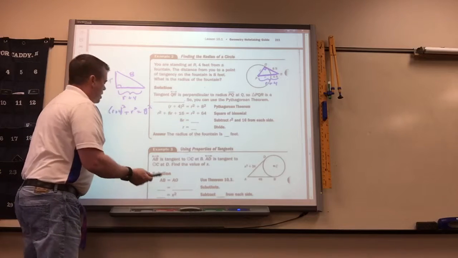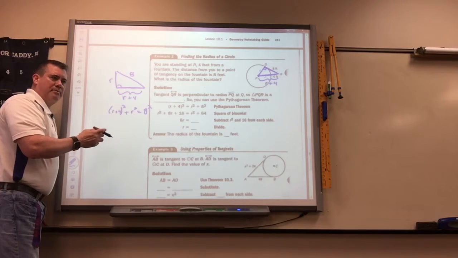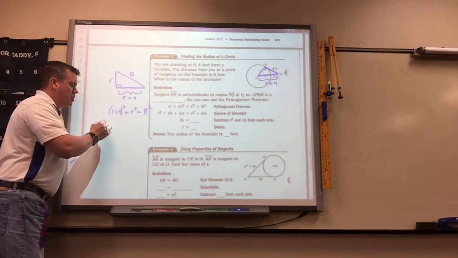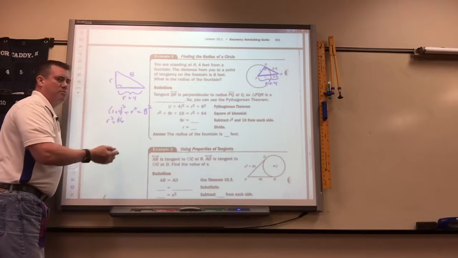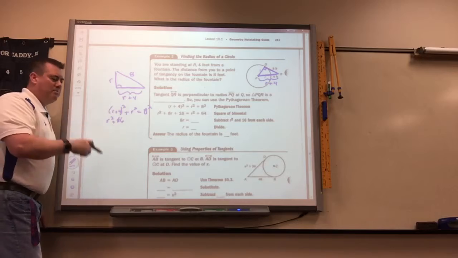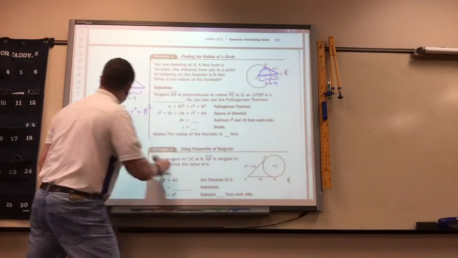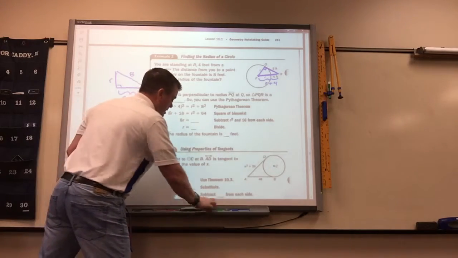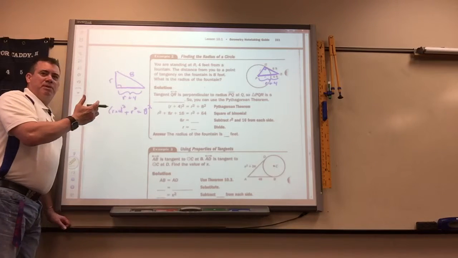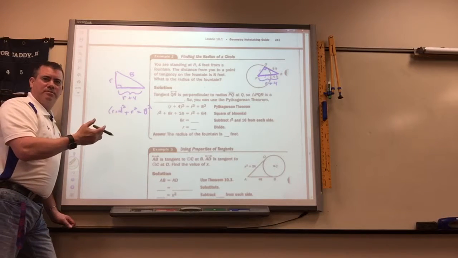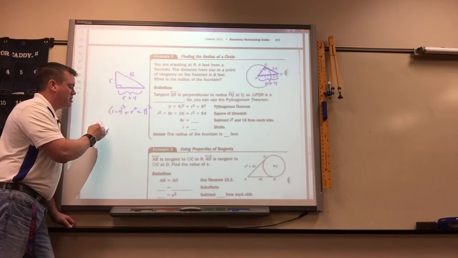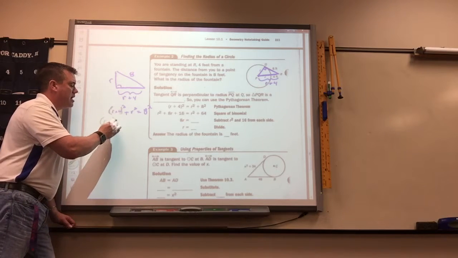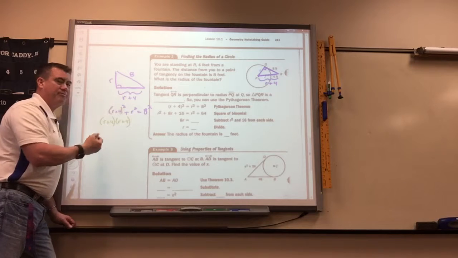Now, this is one of them that you have to know how to square from last year in algebra. R plus 4 squared, this is the most common error. You can't just square the R and square the 4. 16. That's close to being right, but it's not completely right. Remember, what does it mean to square something? Take it times itself. So R plus 4 squared means I gotta take R plus 4 times R plus 4.